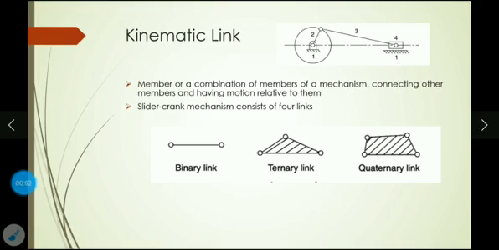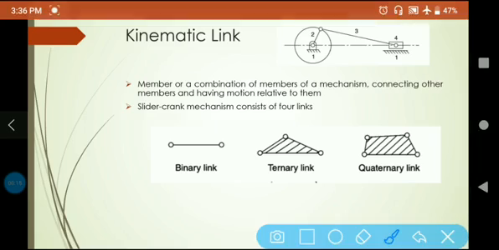Kinematic links are classified into 3 based on the number of links that can be connected with a particular link. The classifications are binary link, ternary link and quaternary link. A binary link can be connected to 2 other links.